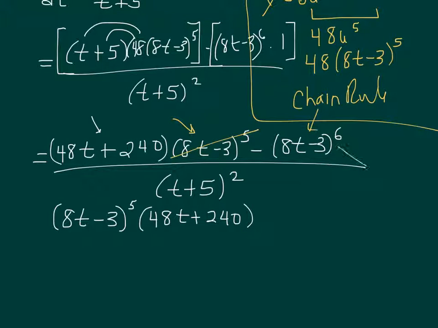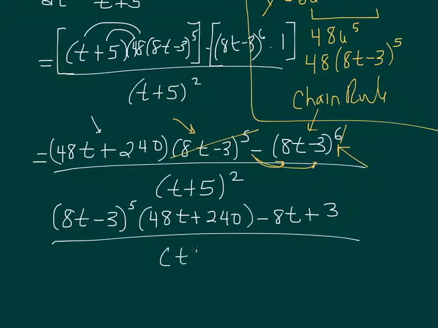If I factored out 5 of them, there's only 1 left. And then I could distribute this negative sign. So I'd have a minus 8t, and then a negative and a negative 3, a plus 3, all over t plus 5 squared.